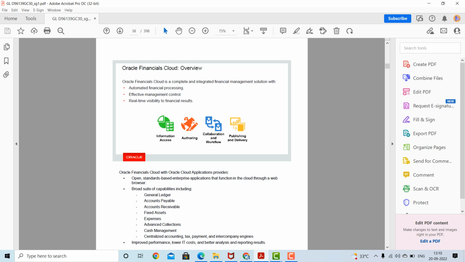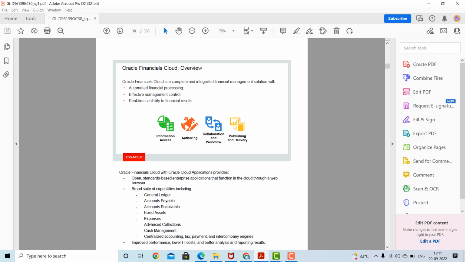Oracle Financials Cloud overview. We will see the overview in these coming topics. Oracle Financials Cloud is a complete and integrated financial management solution with automated financial processing, effective management control, and real-time visibility to financial results.